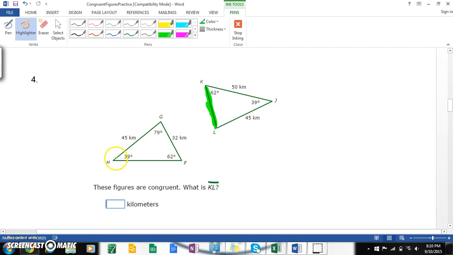Because it is congruent, it's the same size and shape as this triangle down here, so we know it's going to be one of these sides. Your job is to figure out which side matches up with line segment KL. When you get that, you're going to write your answer right in here, in the kilometers.